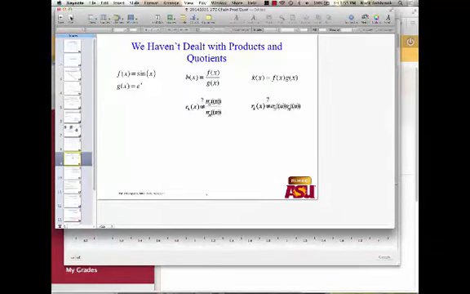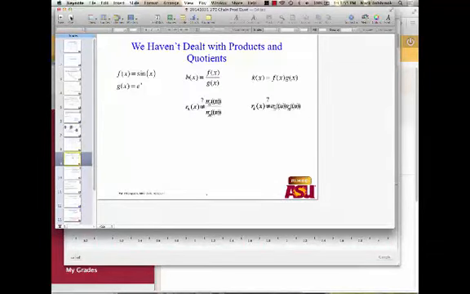Okay, did you write something down? What do we know for sure the rate of change of f times g is? We don't have it simplified, but we can write down what the rate of change of f times g is. How many people wrote that down? Not enough.